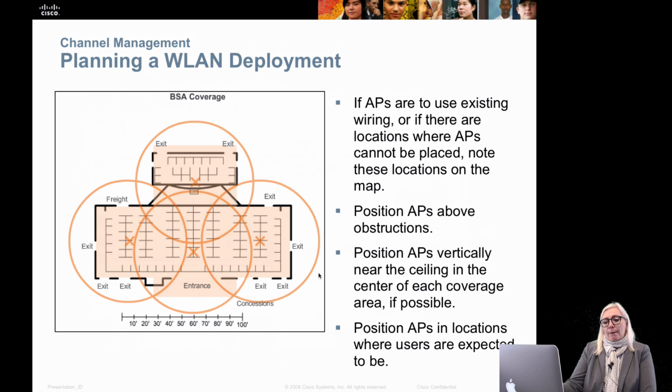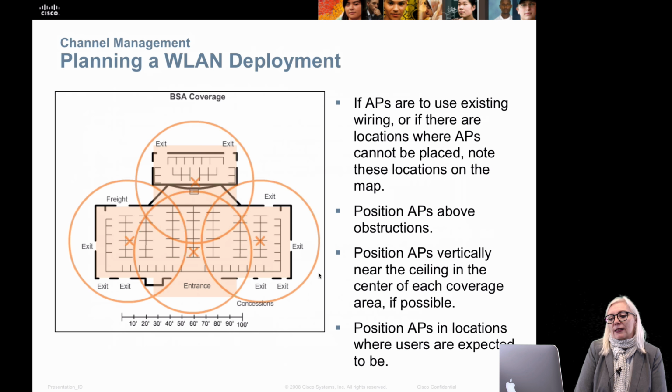Of course, when we are planning our wireless LAN, we need to make sure that we cover all the areas in the buildings. So normally, you make a coverage map of your building, and then you know where to place the different access points.